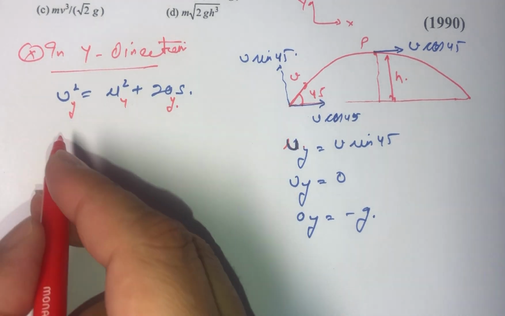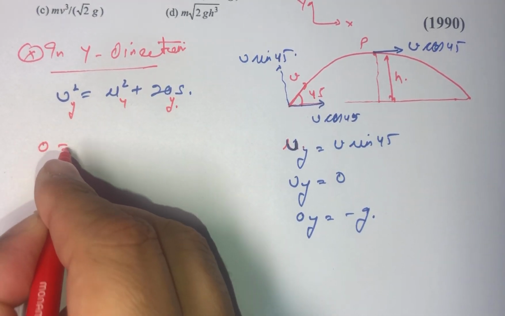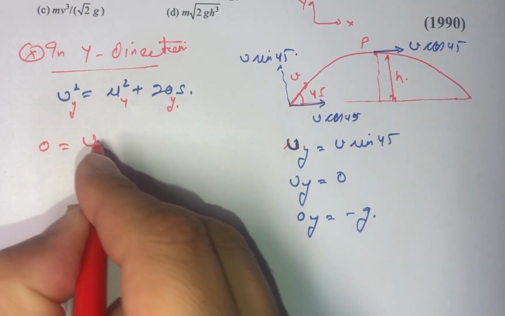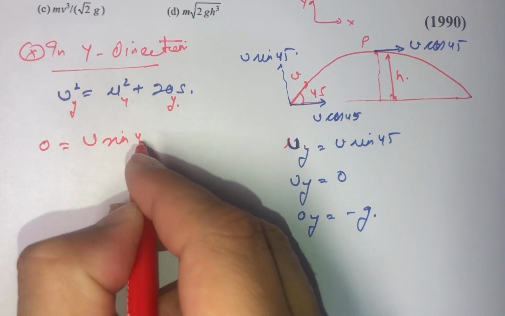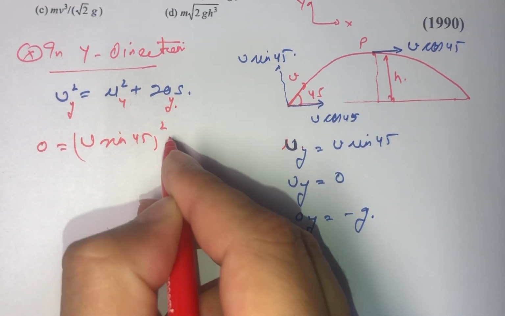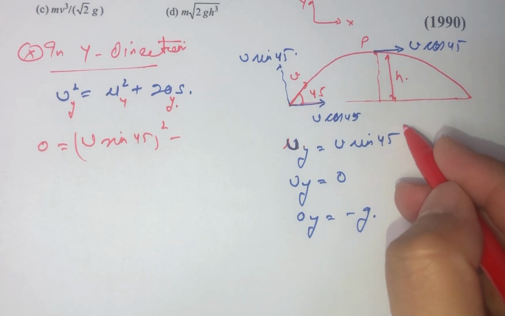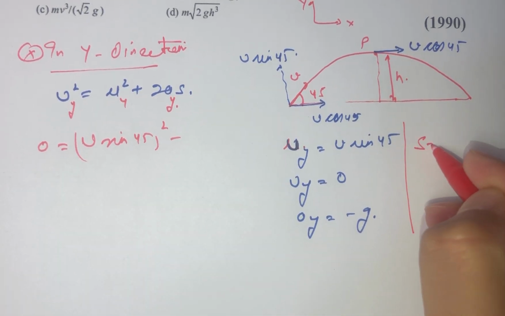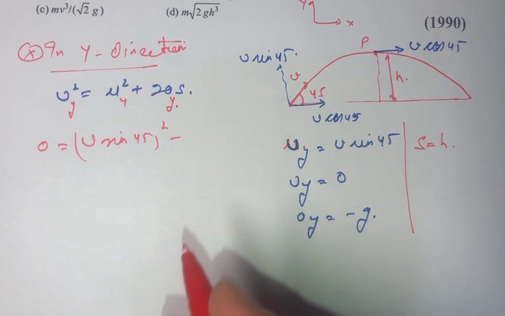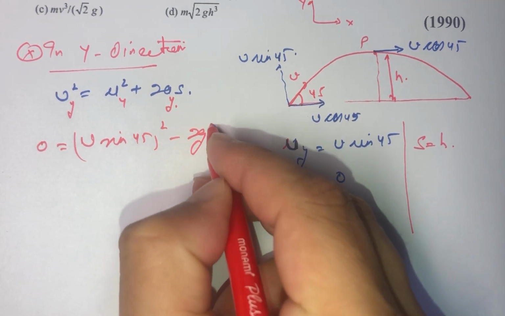We substitute it here, we get 0 is equal to (v sin of 45) whole square minus, and s is our height h, this will be minus 2gh.